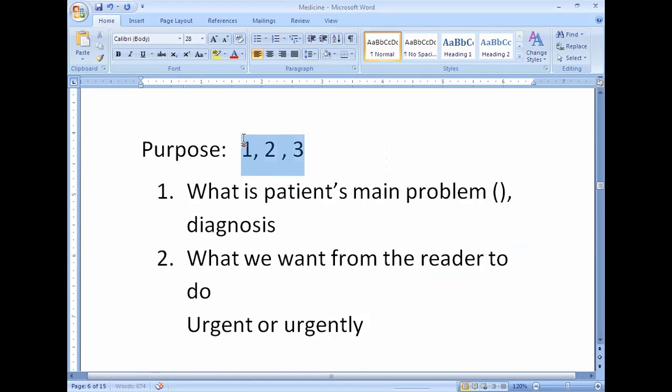If you get 1 out of 3 in purpose, and the rest of your letter is 100% correct, no grammatical mistake, no clinical mistake, no organization mistake, nothing, would you get a B grade according to the OET criteria? Yes or no?